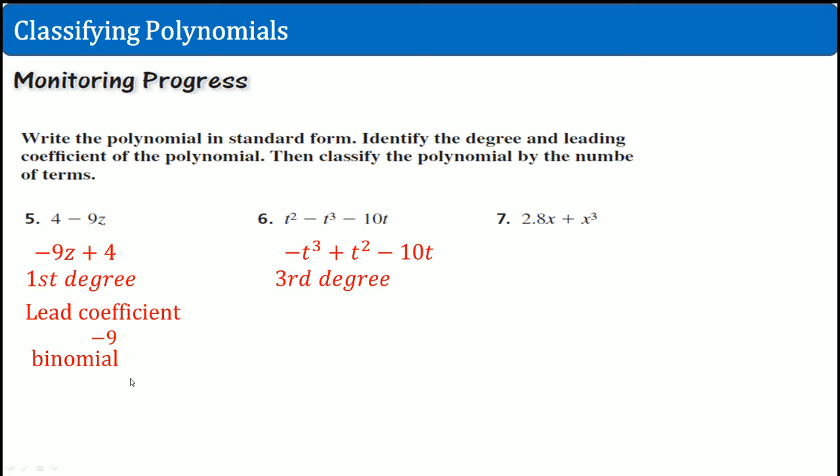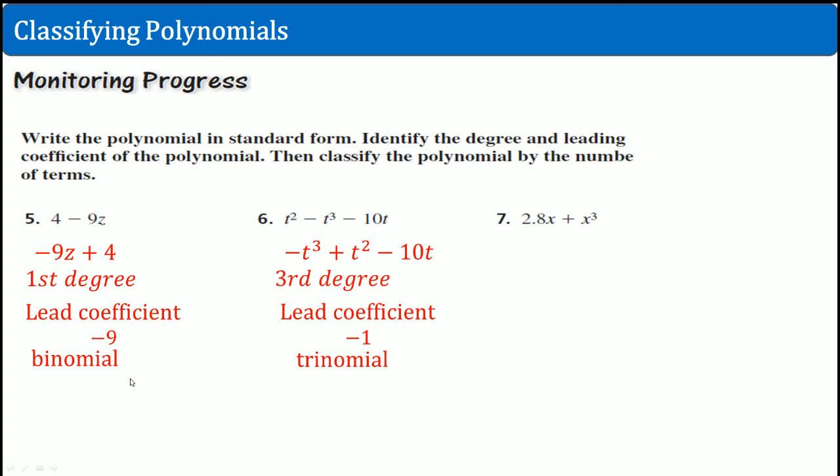This is a 3rd degree because the exponent on top of the t is a 3. The leading coefficient is negative 1 because of that negative in front. This has 3 terms in the polynomial, so we call it a trinomial.